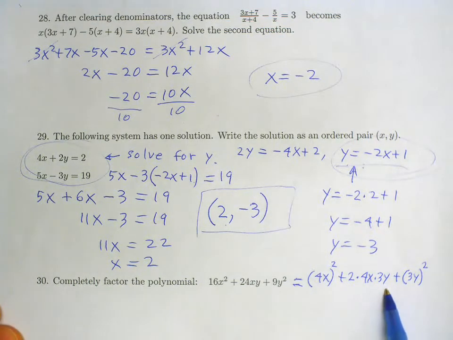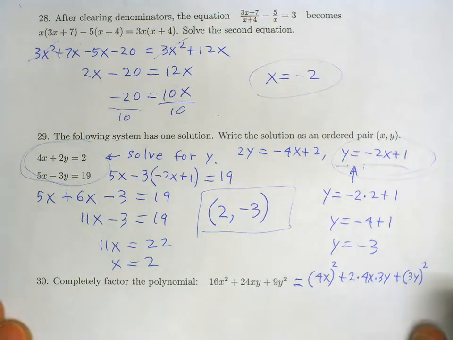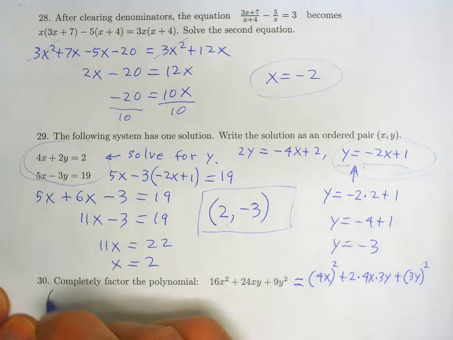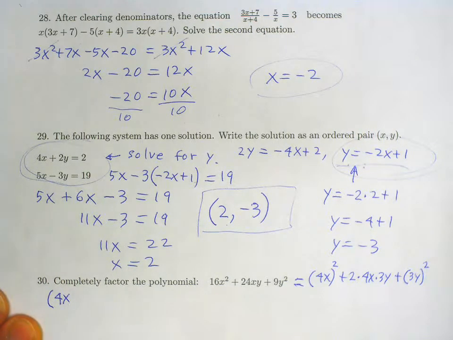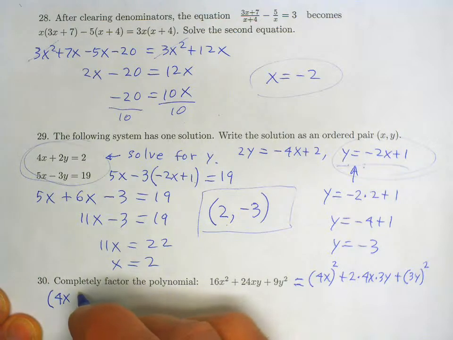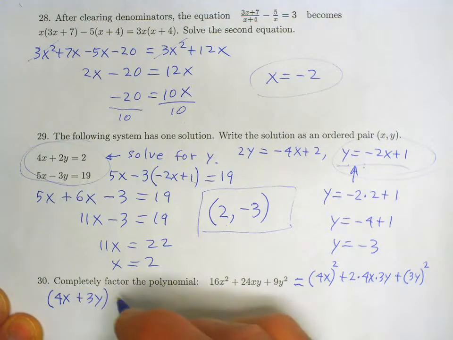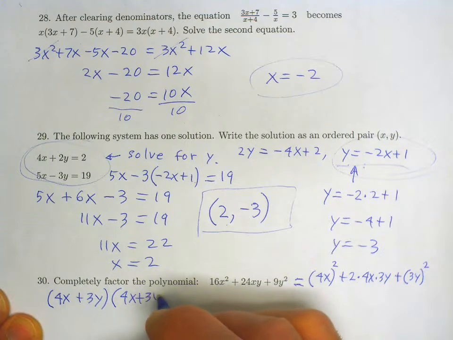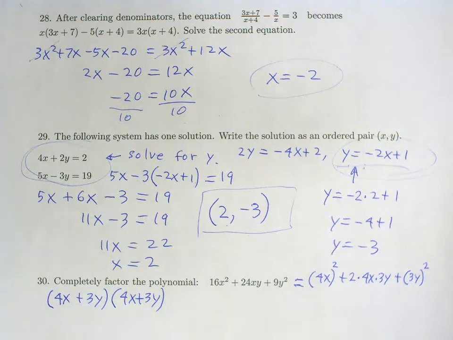So that means its two binomial factors are identical. Both binomials are 4x plus 3y. So 4x plus 3y times 4x plus 3y are the two factors.